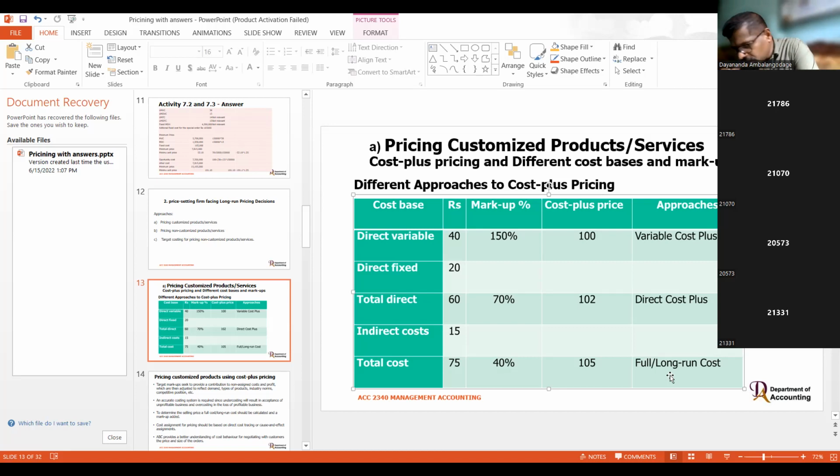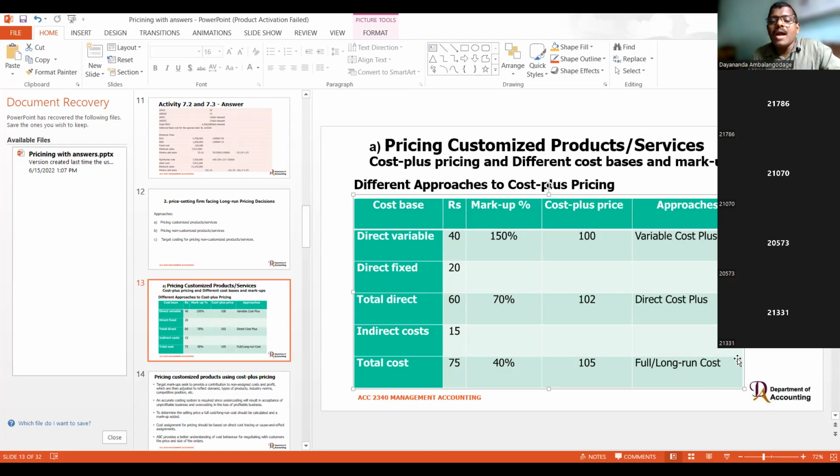What I'm trying to communicate here is that when you adopt cost plus pricing, you can do the plus whatever the figure you want. For example, variable cost. You can calculate all variable cost, you add the markup. So that's called variable cost plus. You can add a direct fixed cost and total direct, so you can add a markup.